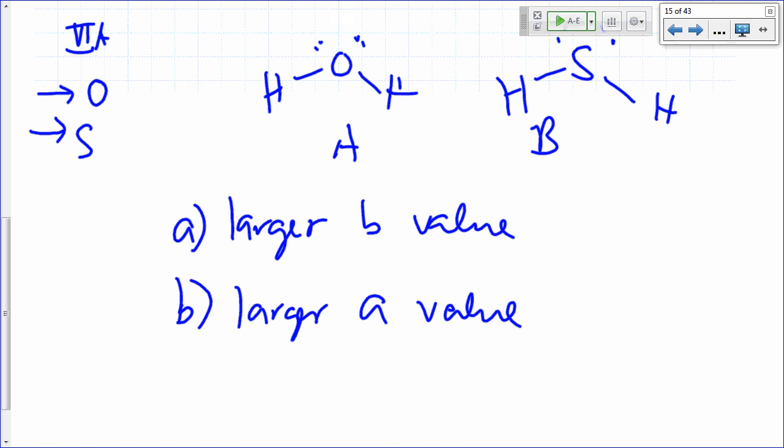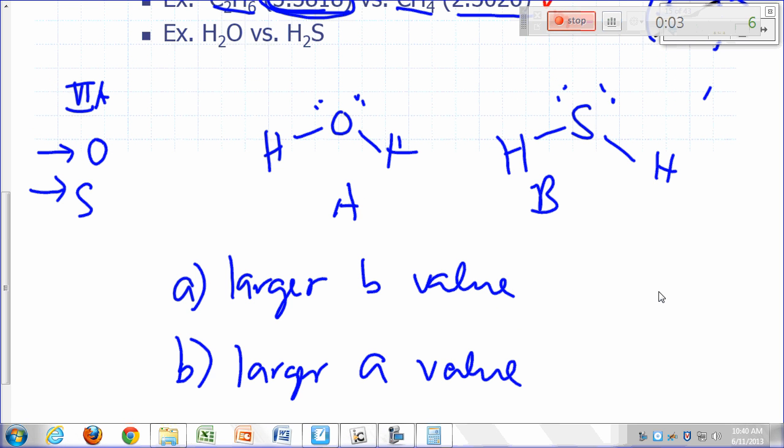Which type of molecules would have much stronger attractive forces among them? That's another way of saying it, right? Remember, A value accounts for attractions. So for which molecules would you see stronger intermolecular attractive forces, among water molecules or among H2S molecules?